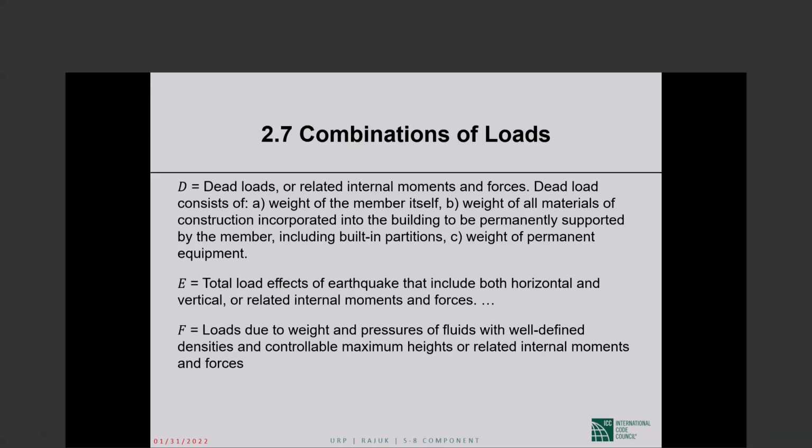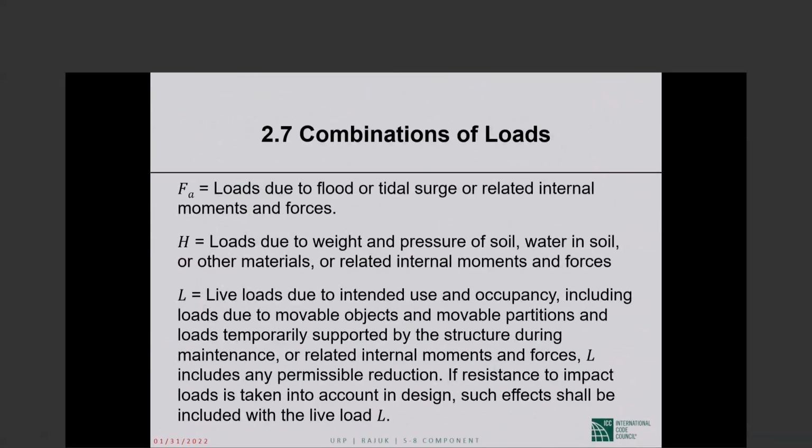F, loads due to weight and pressures of fluids with well-defined densities and controllable maximum heights. F, very specific. F sub A, flood loads, very difficult term to come up with, as I'll discuss a little bit later on.